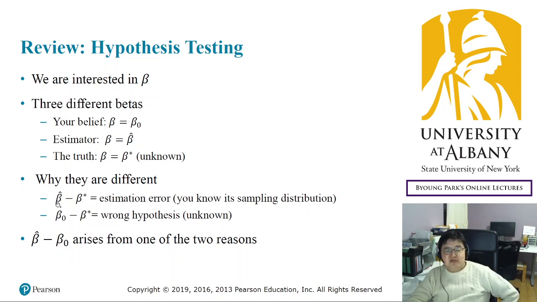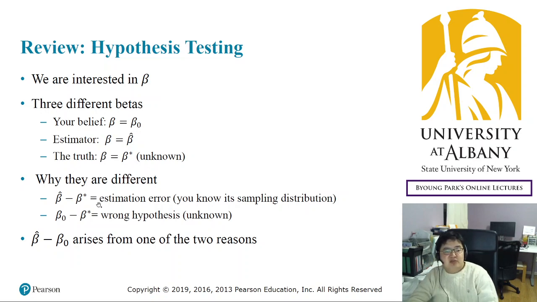First, the difference between the second and the third, the estimator and the true parameter, is the estimation error. And it is easier to handle because you know its sampling distribution. That's the purpose of calculating the sampling distribution.